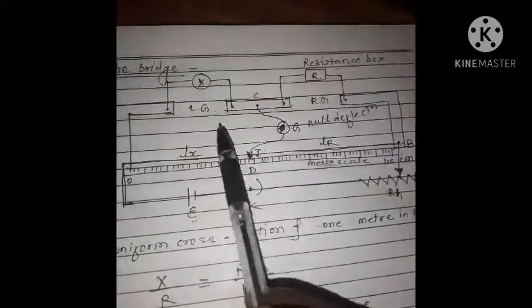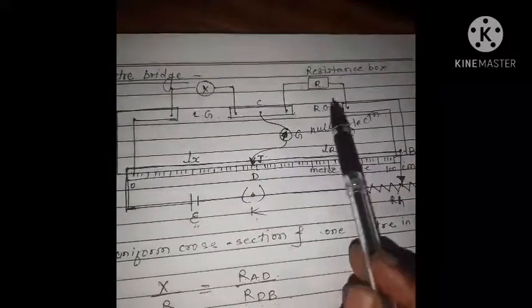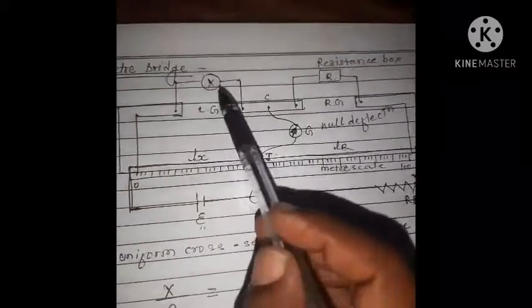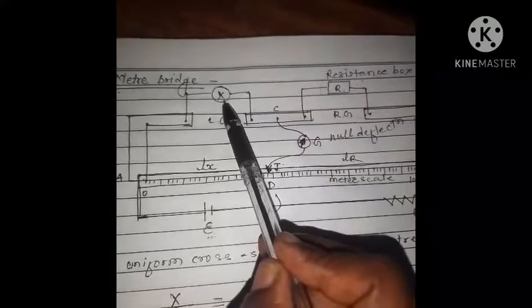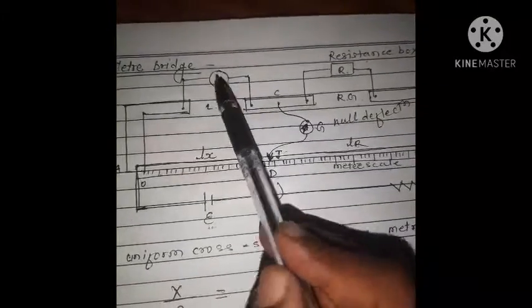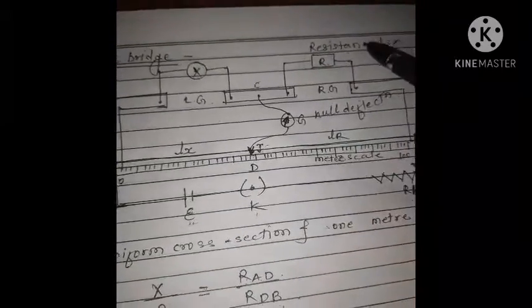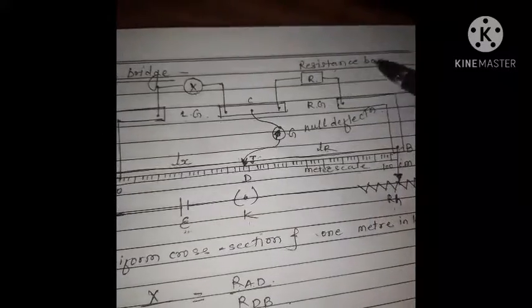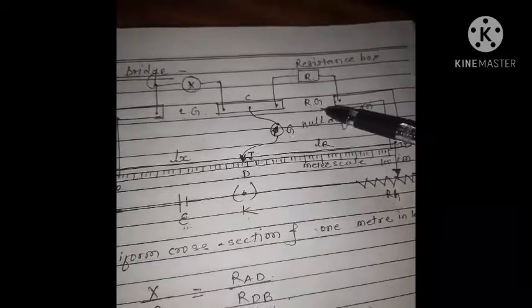Suppose one is the left gap and one is the right gap. An unknown resistance is always connected in the left gap, whereas a known resistance box is always connected in the right gap.